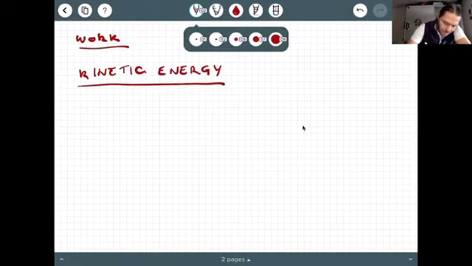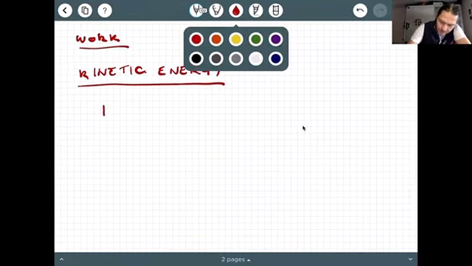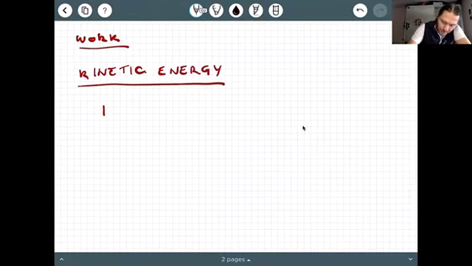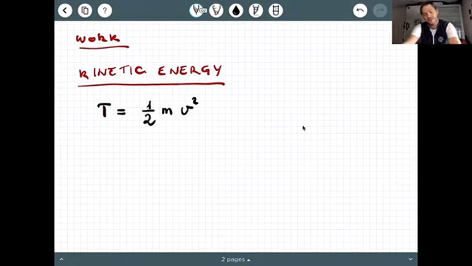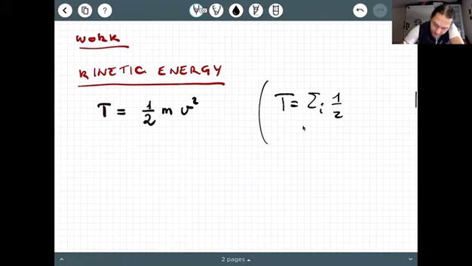Kinetic energy is simply, I call it T, some people call it EK. Let's call it T. For a single particle it is 1/2 the mass of the particle times the velocity of the particle squared. For multiple particles it is the sum of this quantity for all the particles in the system. So for many particles, this would be the sum over i of 1/2 m_i v_i squared.